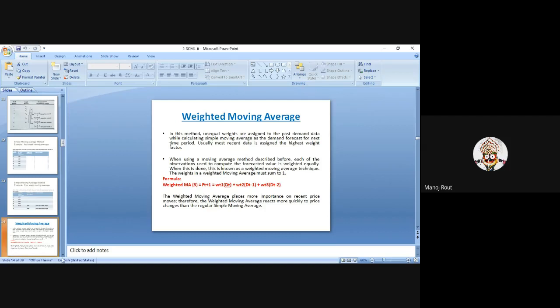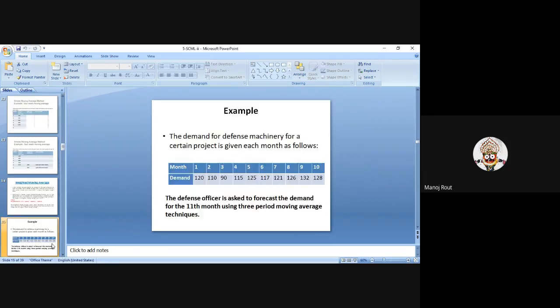So going to the next slide. Here the demand for defense machinery for a certain project is given each month as follows. The total number of months is 10, and the demand respectively is: month 1 is 122, month 2 is 110, month 3 is 90, month 4 is 115, month 5 is 125, month 6 is 117, month 7 is 121, month 8 is 126, month 9 is 132, and month 10 is 128.